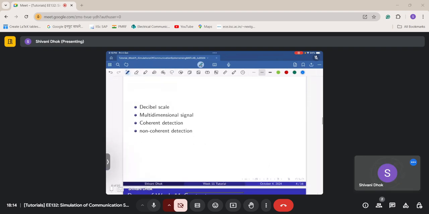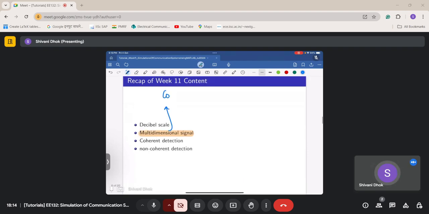Now we looked at this class of multidimensional signals. It says that the constellation has N greater than or equal to 2, so it has more dimensions.